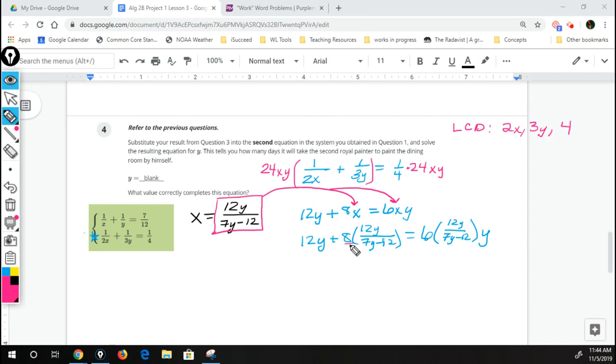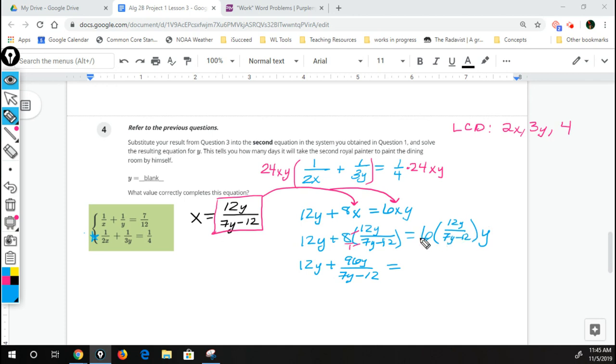If you remember to multiply fractions, we just multiply straight across. So I have 8 times 12y, not changing that first 12y at all. So 8 times 12 is 96. And that denominator doesn't change because 8 was just over a 1. 7y minus 12.